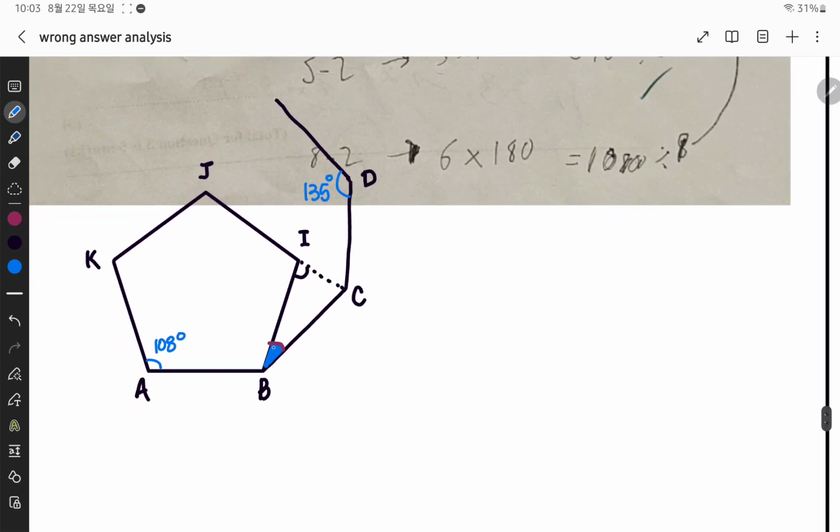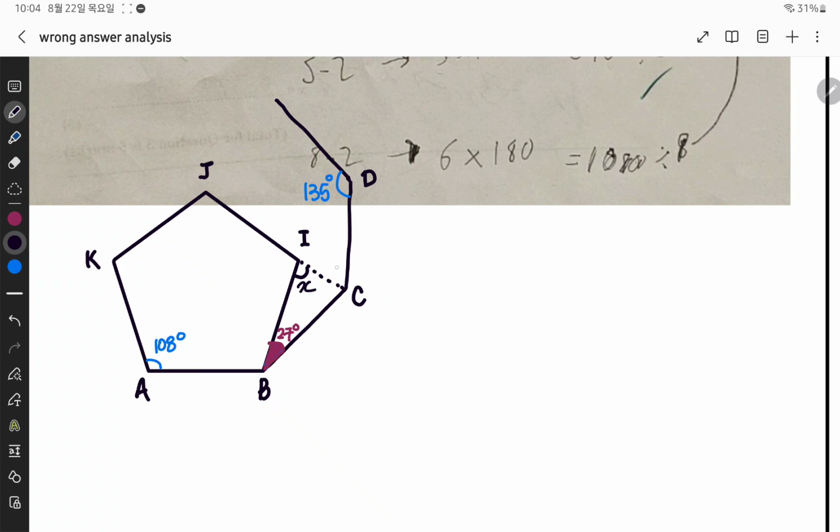And now I know that this little angle right here is going to be how much? I'm going to subtract 135 minus 108, which is 27 degrees. So I know one angle from the triangle IBC, which I need to get my angle X from.